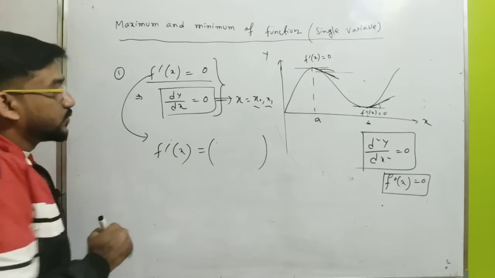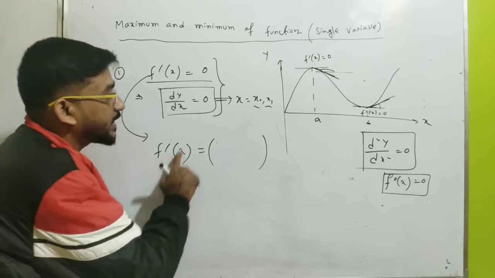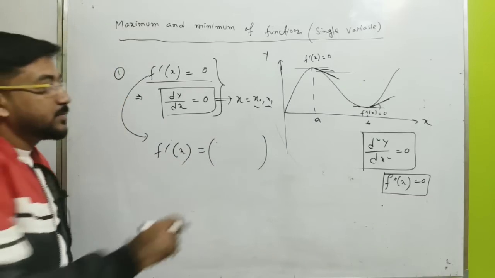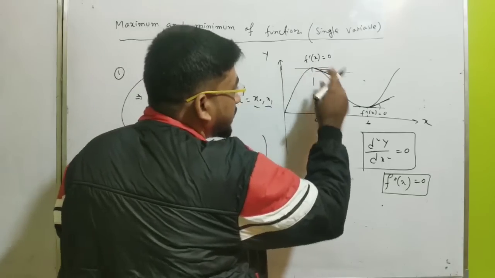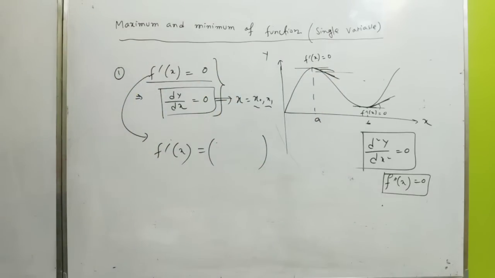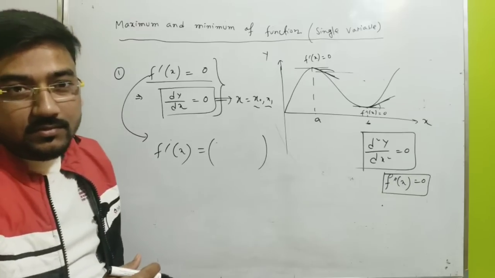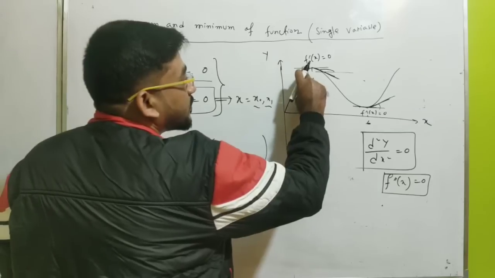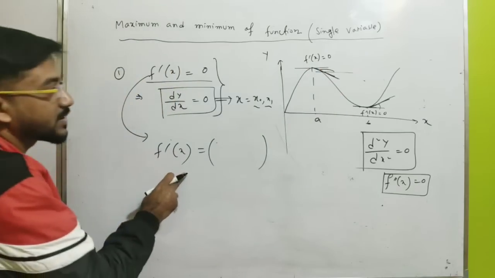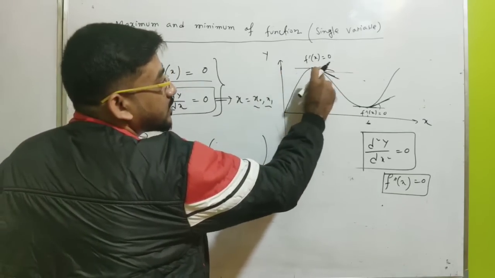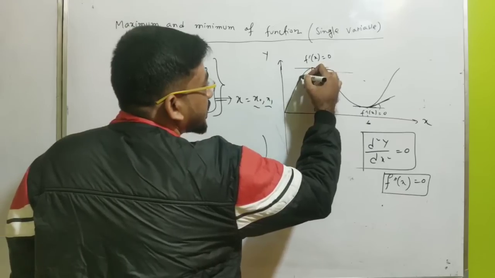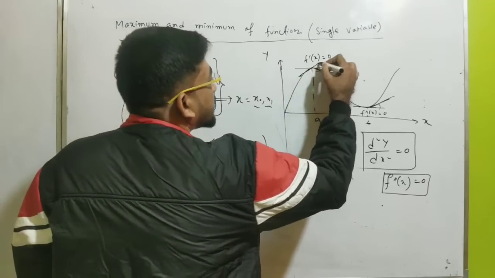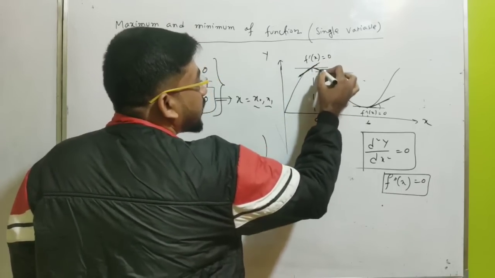And now what we have to do is take some neighbor values of x. If for the neighbor values of x, f prime x changes its sign from positive to negative, you can see here it changes from negative to positive. What it means, if you look in this direction, at this point, in its neighborhood, the slope is along this direction, but at this point the slope is this.